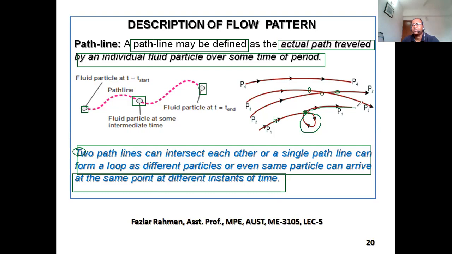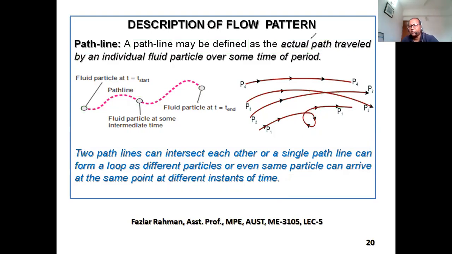Then he travels along this way. So you just need to understand what a path line is. It is a trace of the line followed by a fluid particle, or the path traveled by a fluid particle over some period of time.